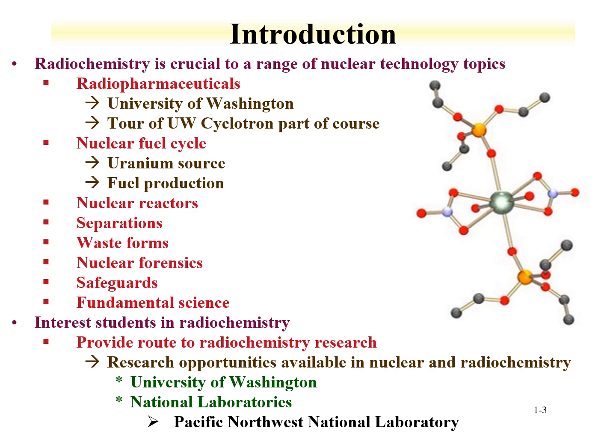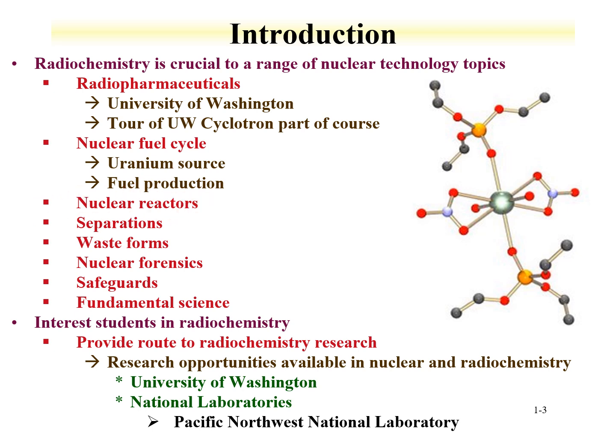We will also discuss the nuclear fuel cycle, which includes separations of uranium as a source of nuclear fuel, the production of the nuclear fuel from that uranium, and the reactors that are involved in energy production.